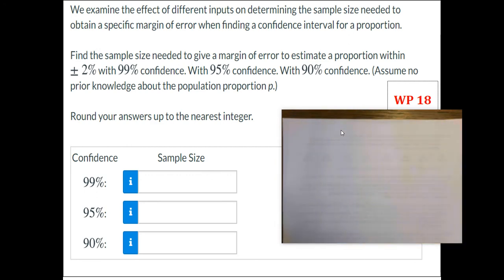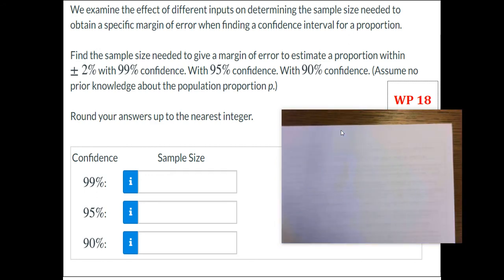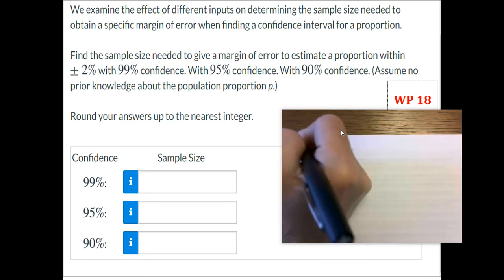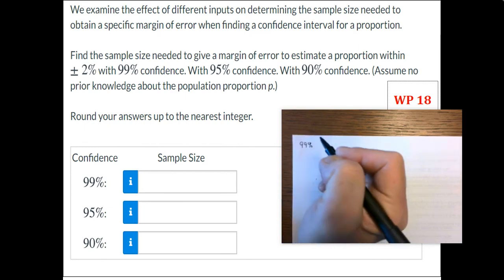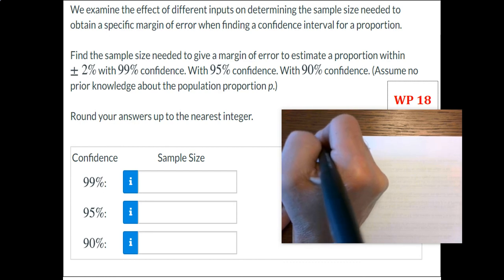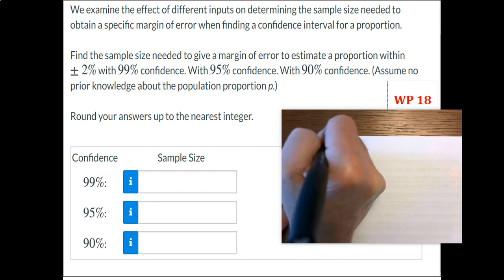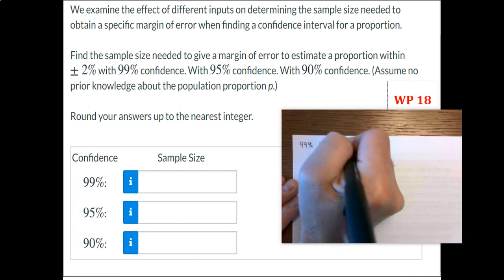Let's do the very first one. Since we're doing 99%, z star for 99% is 2.576. That comes from the formula sheet. We're going to need that.